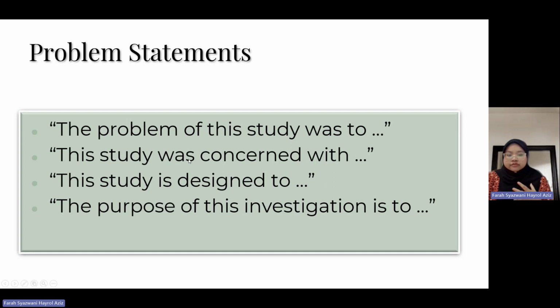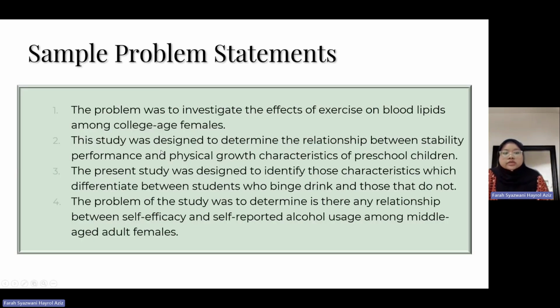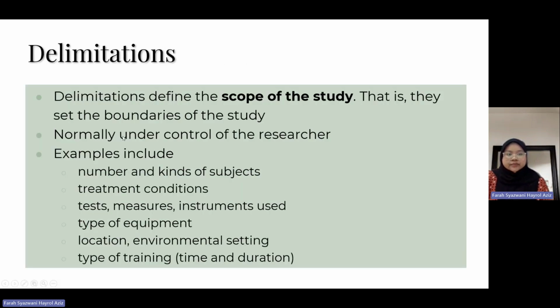You must have some sentences, usually they could be negative sentences as well, where you find problems of a particular issue or topic. I provided some samples of problem statements for you to review and get examples from.